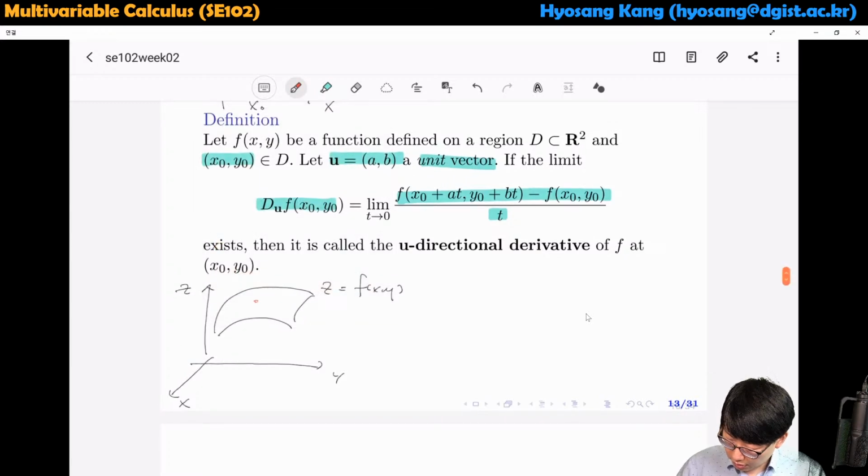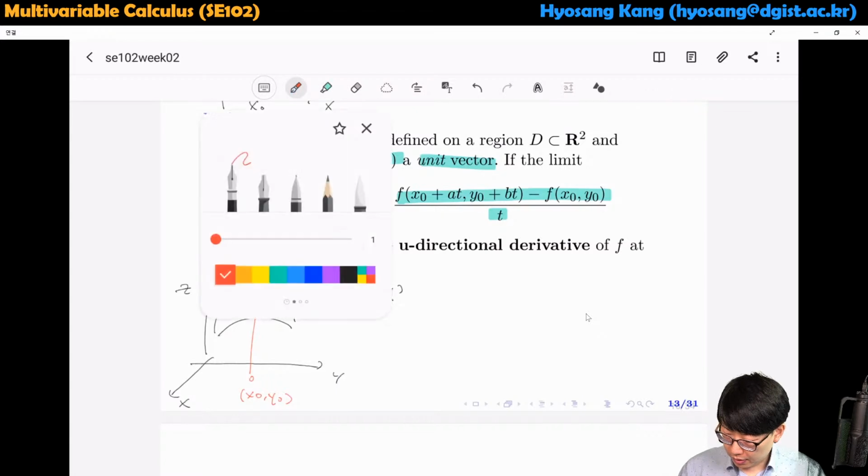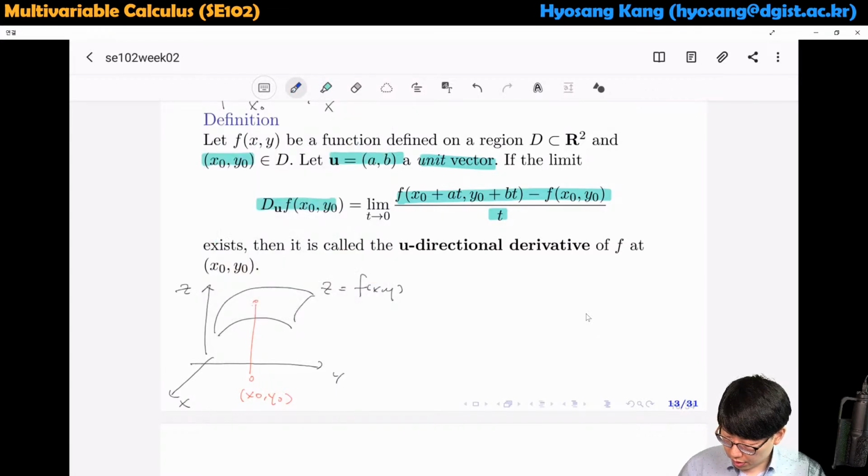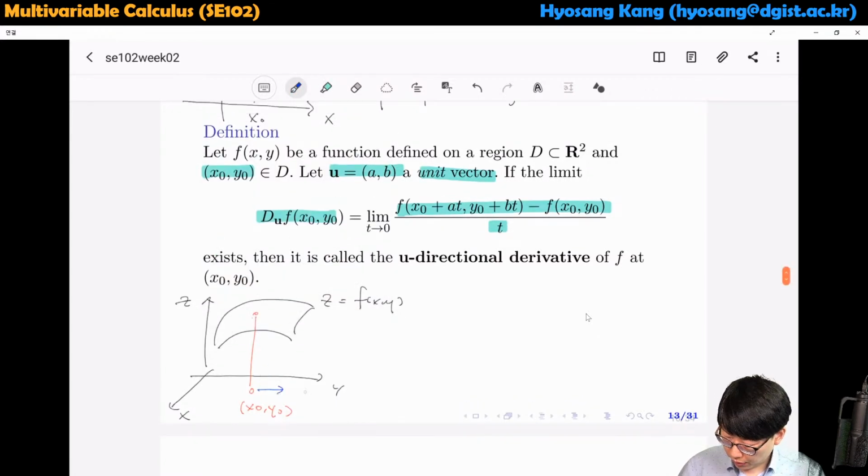Let's say I have the point x0, y0 here, and this is the point on the surface whose first two coordinates are x0, y0. Let's assume that my u direction is this way.